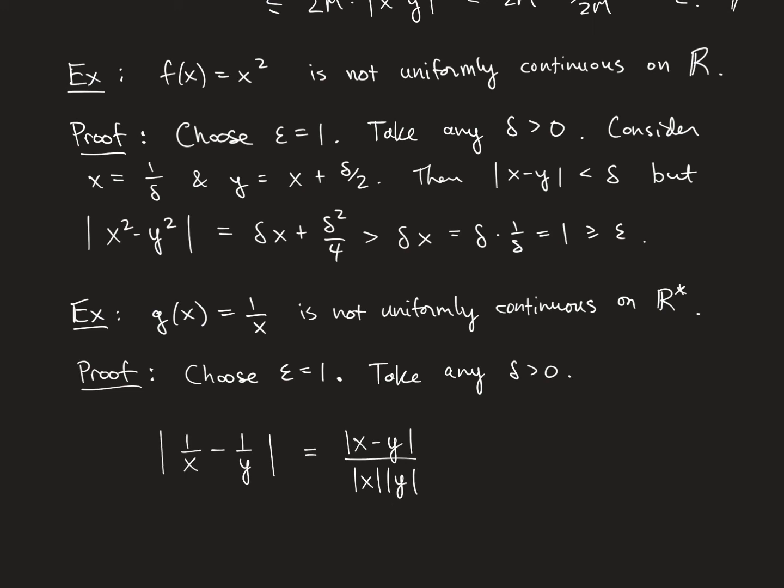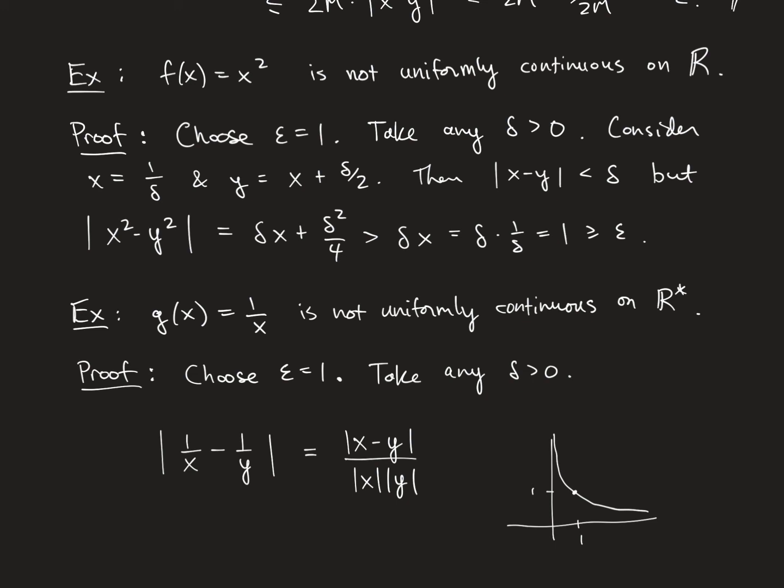So again, the basic idea is we're just going to look at this part of the graph here, and when x is 1, this is 1, right? And so we're going to try to take our x and y in here close enough together that they're within delta of each other, but so that their images are far apart.